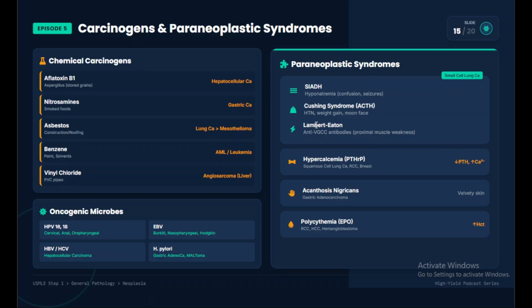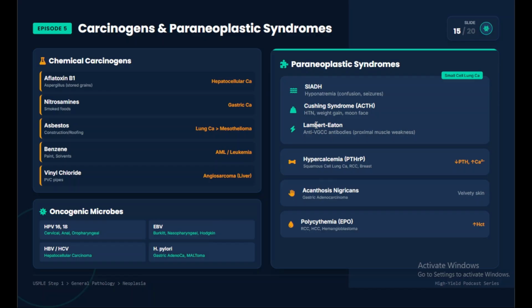So the other tumors, other things you can see in other paraneoplastic syndromes: hypercalcemia due to increased release of parathyroid-related peptide, usually seen in squamous cell carcinoma, renal cell carcinoma, or breast cancer.